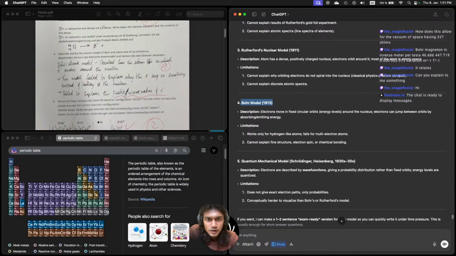I'm sorry if I'm disappointed you. I don't know. I don't get this. How does this allow for vacuum of space having 337 ohms? Bohr's magneton in inverse meter per Tesla.